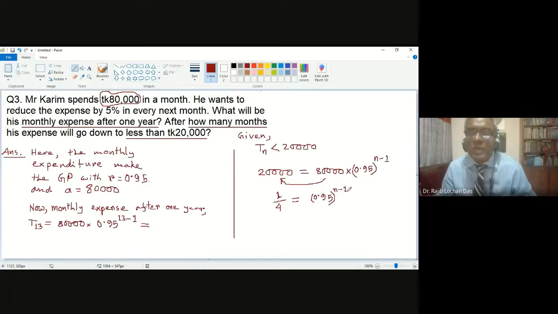So how can you find the n minus 1? So anyone has any idea? How can you find n? Do you have any idea? Anyone knows how can you find this power n?